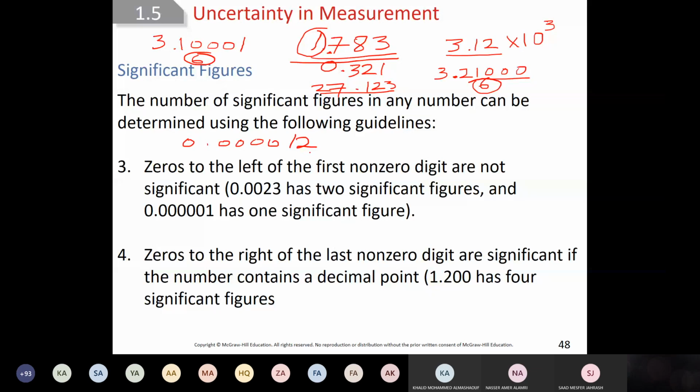Only 2 significant figures. Or let's say 1, 2, 7. Only 3 significant figures here because the zeros to the left are not significant. Clear? Very good.